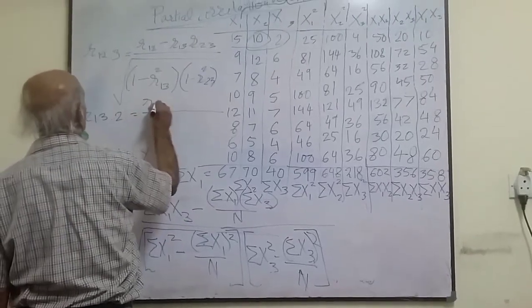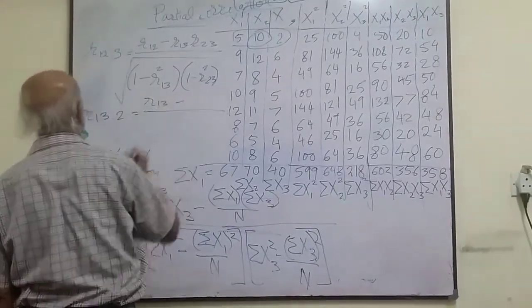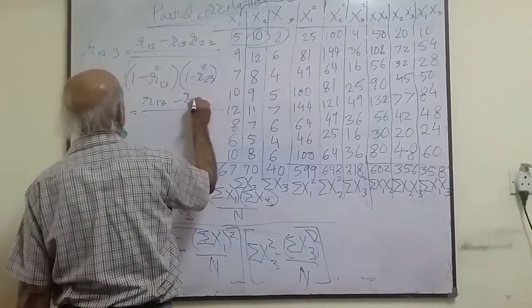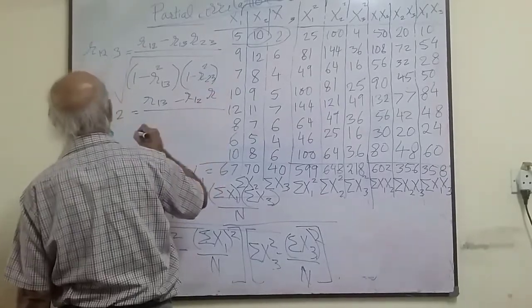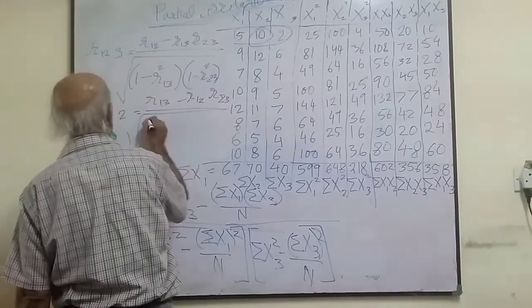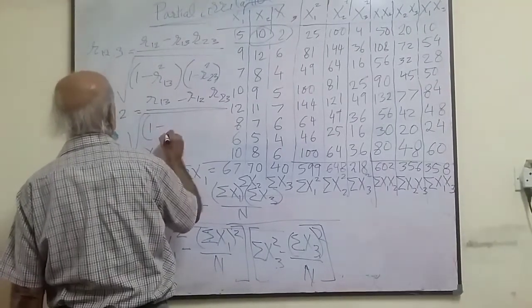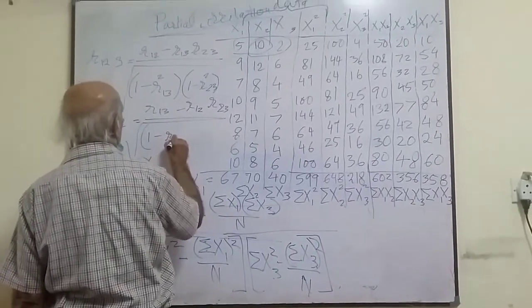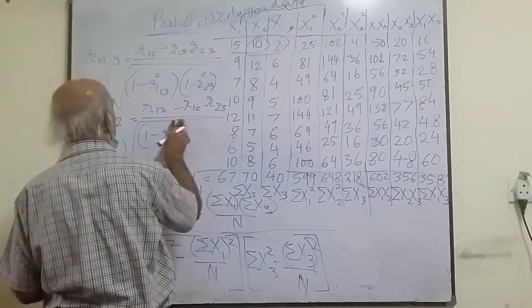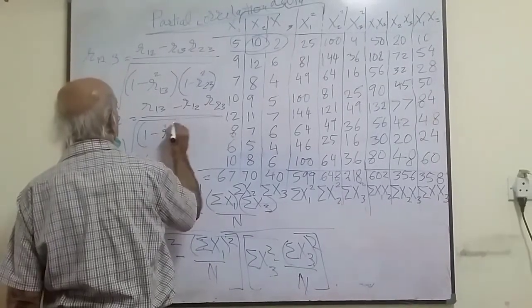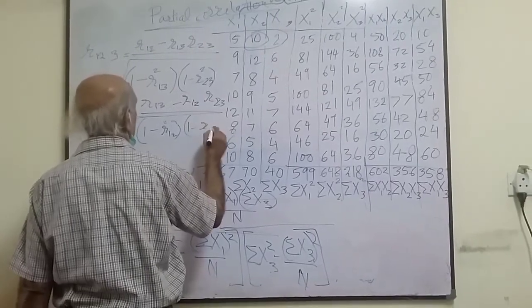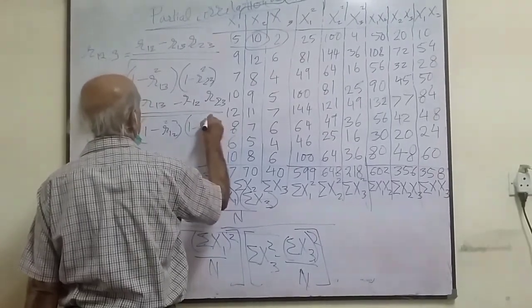Okay, R13 minus R12 into R23, divided by the square root of 1 minus R12 square, into 1 minus R23 squared.